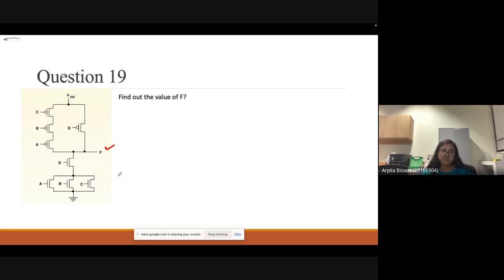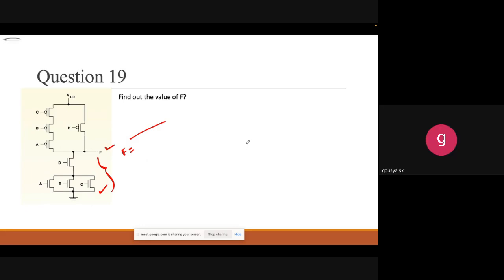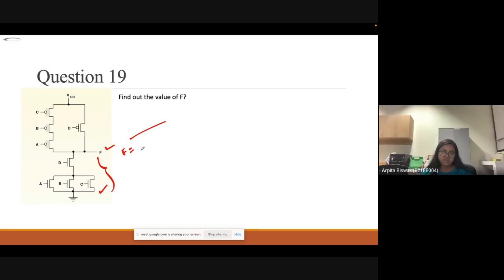So this type of circuit, you have to find out from below how the connection is. Whatever is coming out from this circuit, the total bar will be the value of F. Something is coming out from this connection and the whole bar is the value of F. And see the connection: A plus B plus C into D, and then whole bar, right?